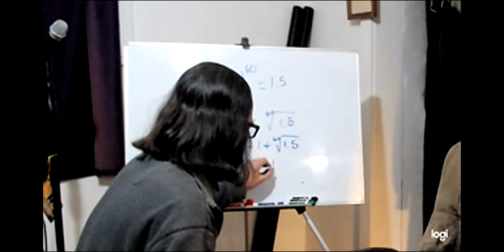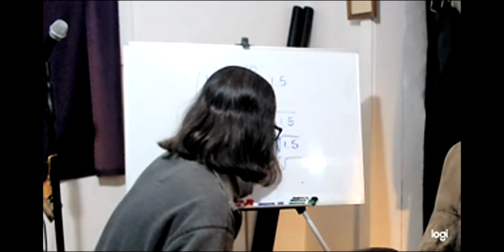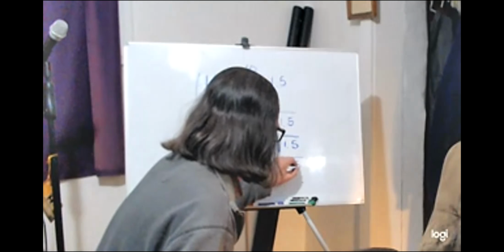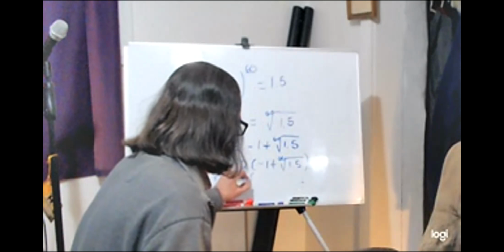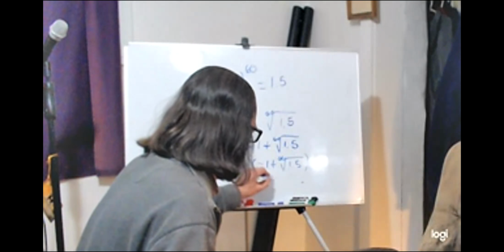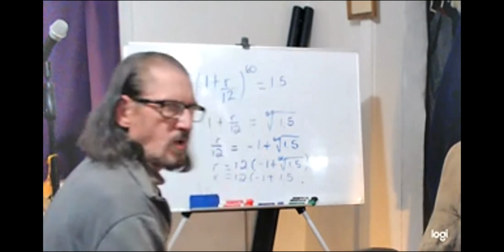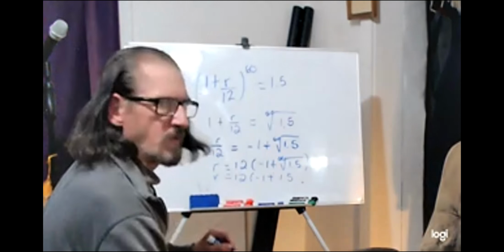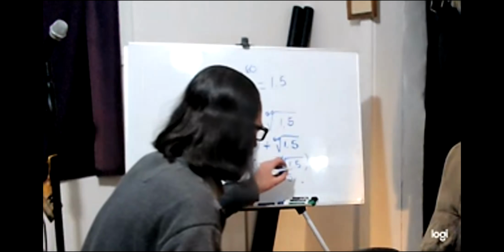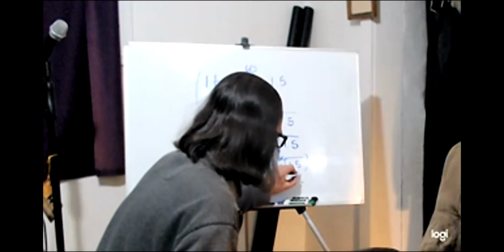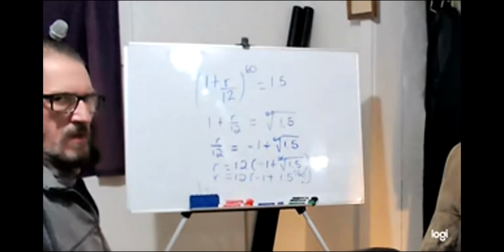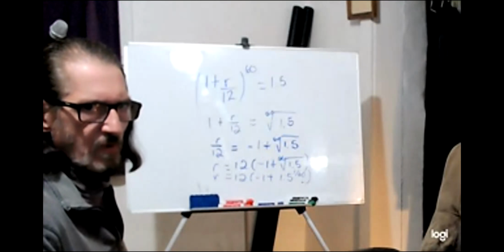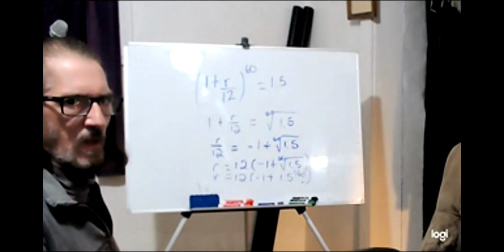So what I'm going to type into the calculator is 12 times the quantity -1 plus just the 1.5 raised to the 1 over 60 power, raising that 1.5 to the 1/60th. And let's see if we can get the same result of 11.81%. So here we go.